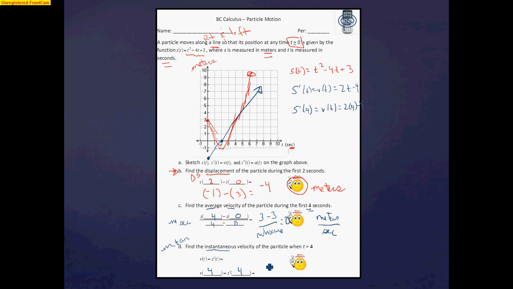I think that's 4, right? Don't forget units. So, at 4 seconds, not an average, at 4 seconds, the particle is going 4 meters per second.